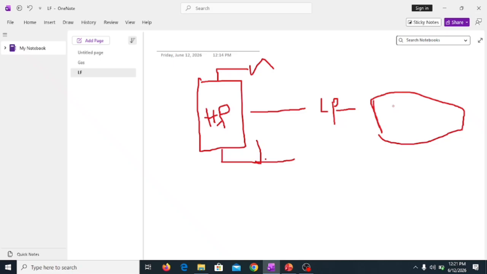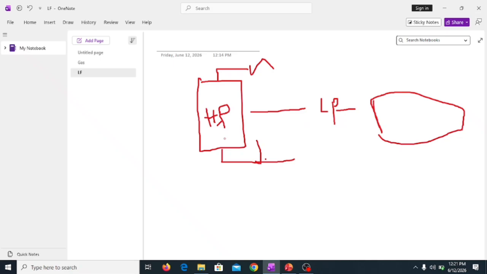I'm sorry for the diagram. So we now understand the reason why we have our HP, high pressure separator, and our low pressure separator, and we also understand the movement of the high pressure crude oil. We first dump in the high pressure separator, before it goes to the low pressure separator, and then to our three-phase separator.